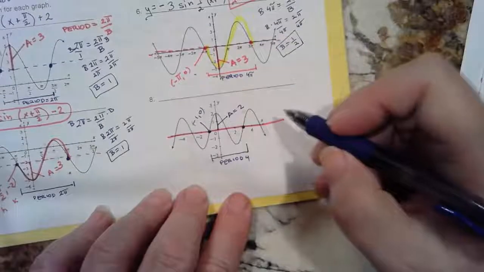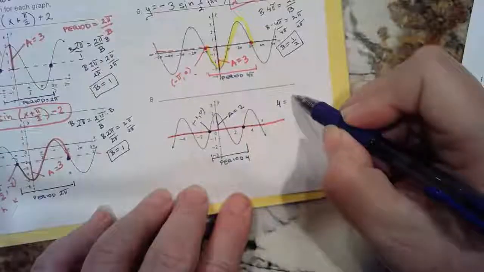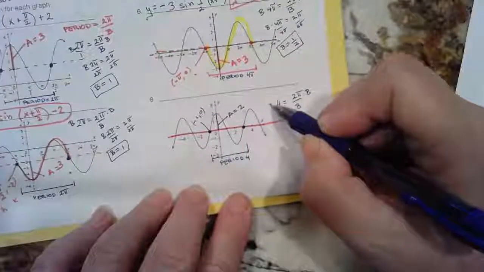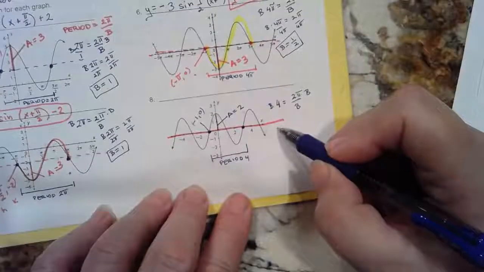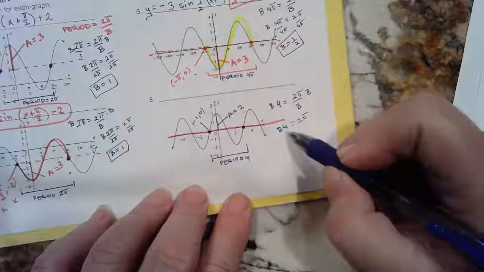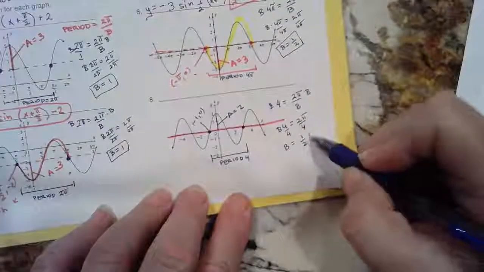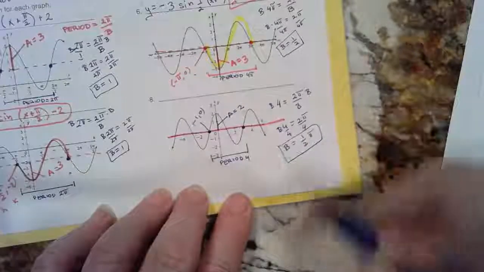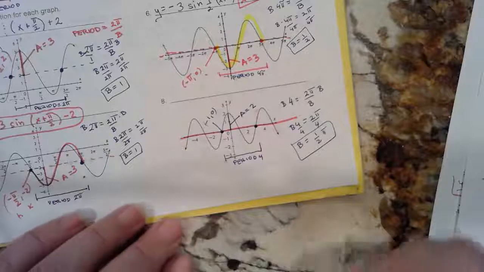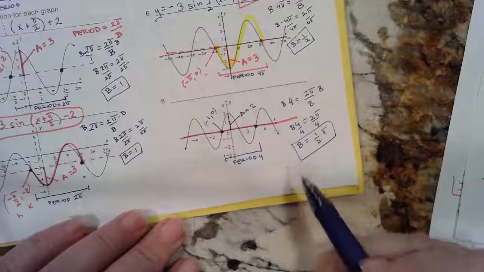So now we're going to find the b. So 4 is equal to 2 pi over b. Multiply both sides by b. So b times 4 equals 2 pi. Divide by 4, and b is equal to 1/2 pi. So now I'm going to have to put it all together.